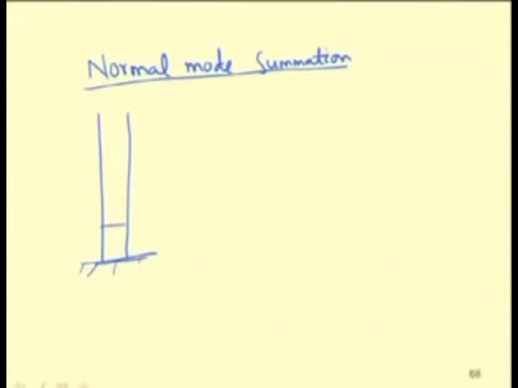So, this is a multi-storied building subjected to earthquake excitation. As only some lower frequencies will be affecting the motion of the system, instead of considering all the degrees of freedom, one may take lower order degrees of freedom to find the equation of motion or to find the response of the system.